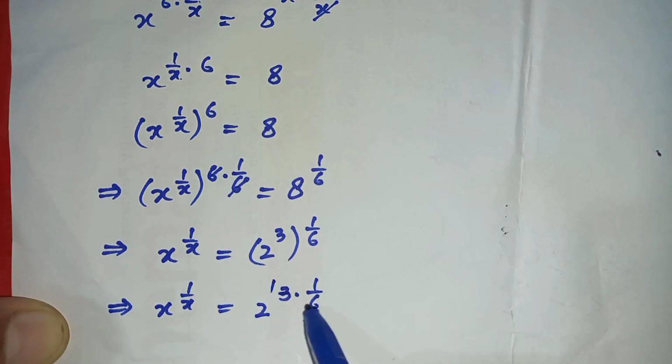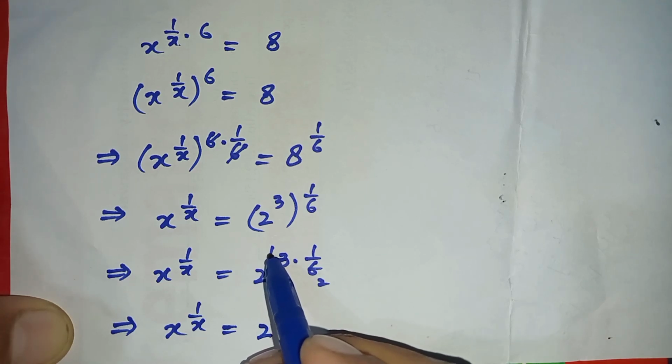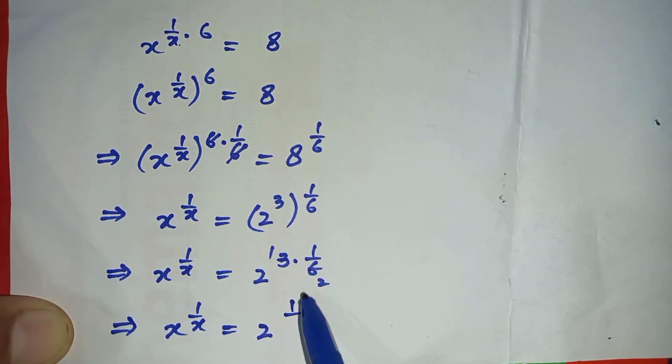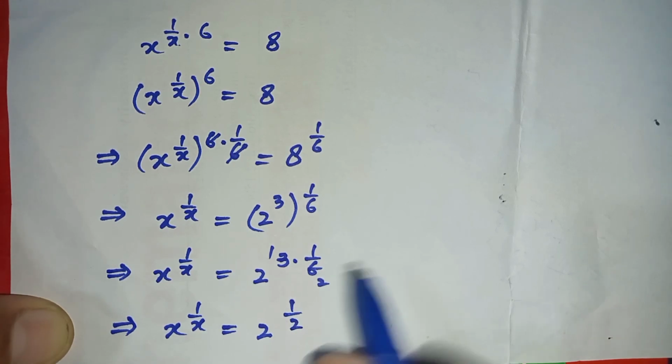So 3 times 1 is 3, 3 times 2 is 6. On the left hand side, implies x raised to power 1 over x is equal to, the base is 2 and in the power 1 times 1 is 1 divided by 2 is left. So 2 raised to power 1 over 2 is left.